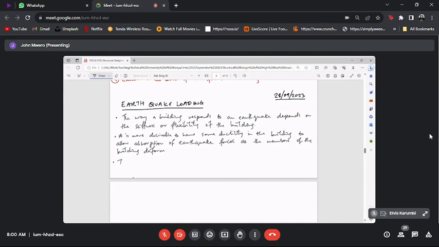The period of vibration of a structure can be different when considering different directions in the layout of the building.